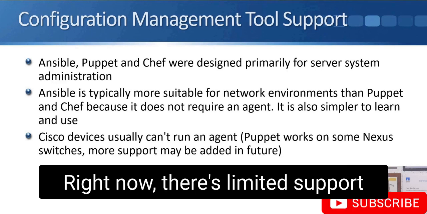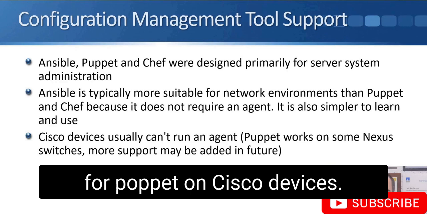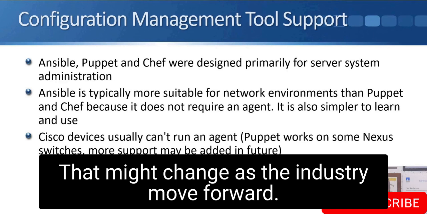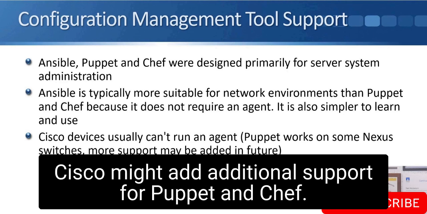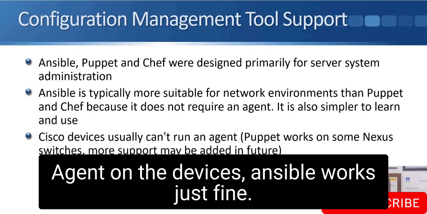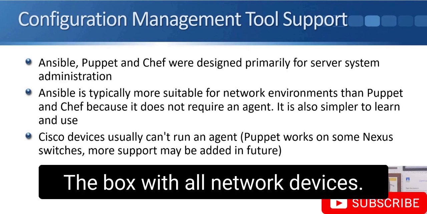Right now, there's limited support for Puppet on Cisco devices. There's basically no support for Chef right now. That might change as the industry moves forward. Cisco might add additional support for Puppet and Chef, but with Ansible, because it does not require an agent on the devices, Ansible works just fine straight out of the box with all network devices.